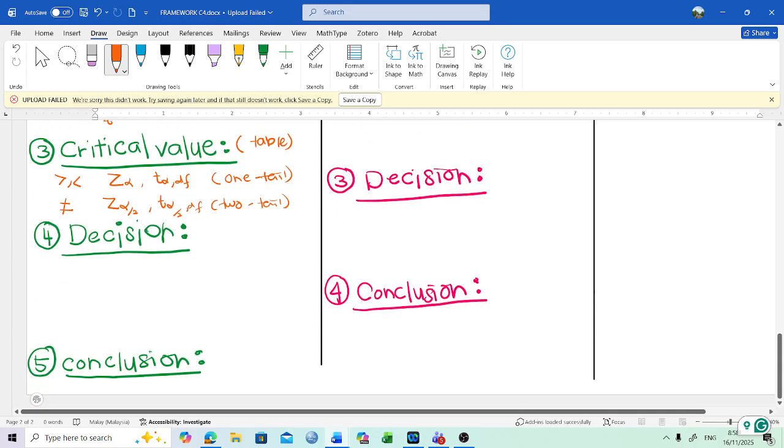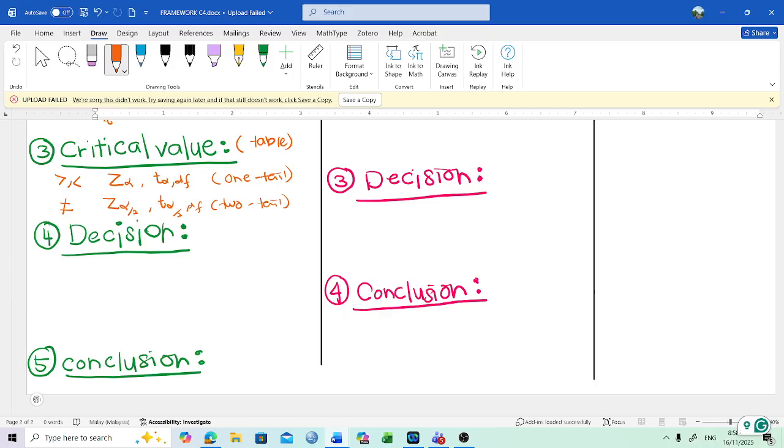Then we go to step number 4, decision. Decision is how you want to reject your null hypothesis. For this one, there are 3 rules. Rules are how you want to decide, and these rules depend on your alternative hypothesis symbol. Let's say your alternative hypothesis is the greater than symbol.